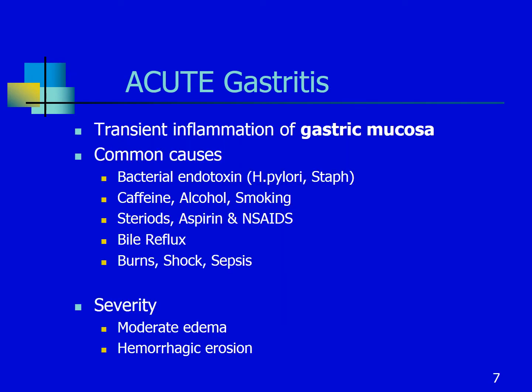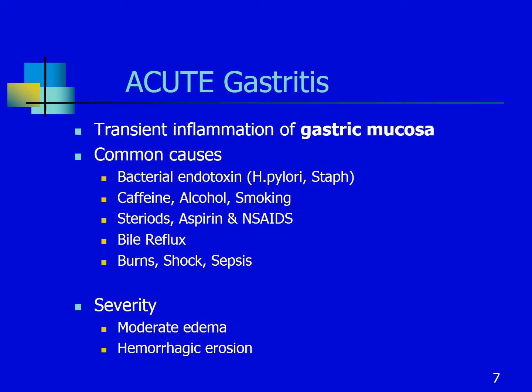So, acute gastritis. What is it? It's a transient inflammation of the gastric mucosa, right? Many things cause it. Some of the things causing these problems are bacteria. H. pylori is a big one there. Some of our lifestyles, such as caffeine, alcohol, smoking. Sometimes things we cannot avoid, which are drugs, steroids, aspirin, and NSAIDs.